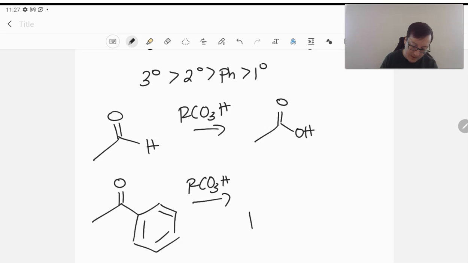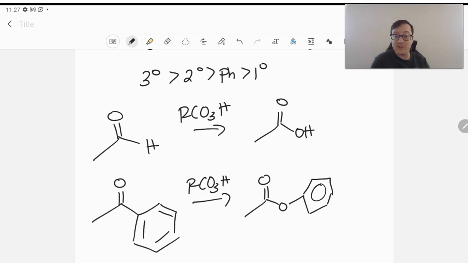And so we end up making the phenyl ester of this. We'll end up inserting our oxygen on the benzene side. So, interesting reaction. We can do all sorts of fun stuff with it. Synthetically pretty useful, still used. But that's the last one for us, one specifically for ketones.